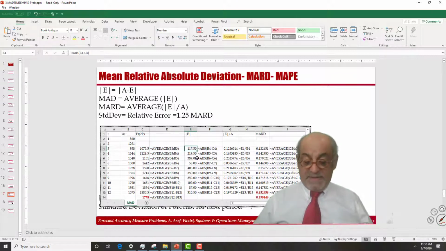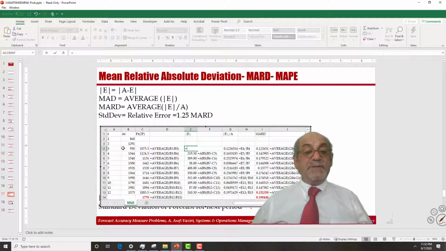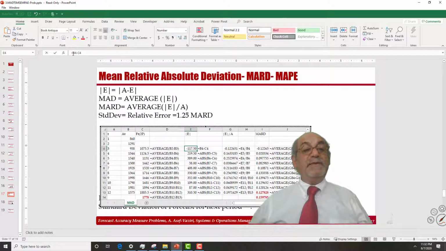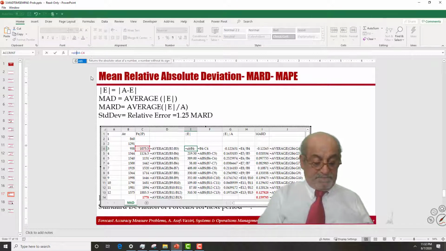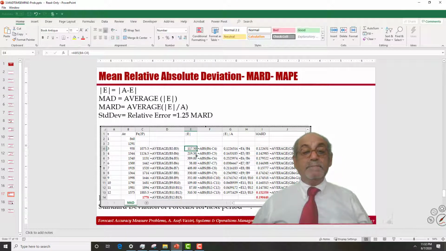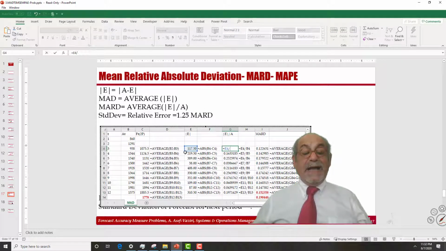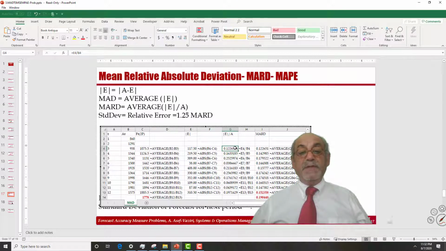Then I find the gap between actual and forecast, its absolute value, ABS. And then I divide this absolute value by the actual. There, copy it down.